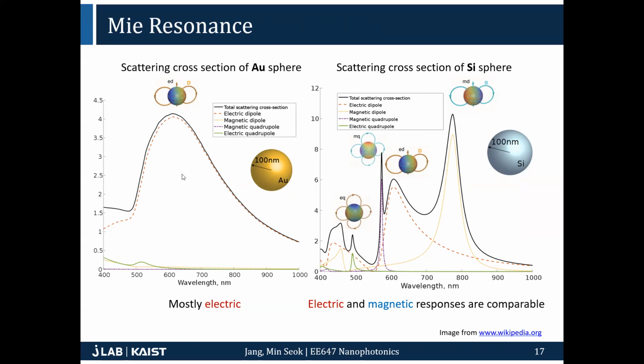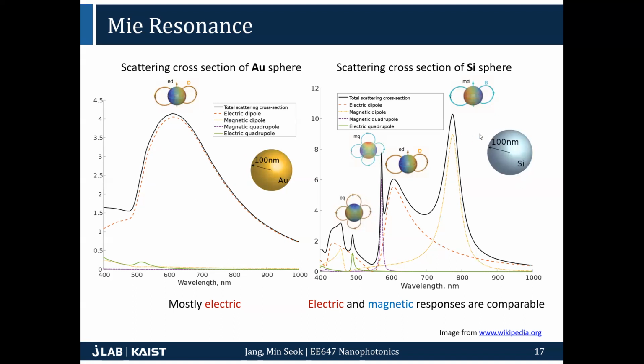Here I'm showing you the response. The y-axis is the scattering cross-section of a gold nanoparticle with a radius of 100 nanometers, and on the right you have the same size particle made of silicon. As you can clearly see, the response of the silicon nanoparticle is much more complicated than the response of the gold nanoparticle.